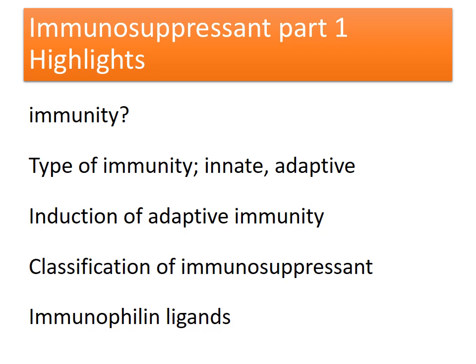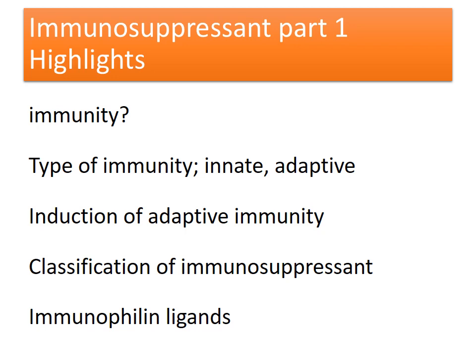So up to this point we have discussed what immunity is, types of immunity including innate immunity and adaptive immunity, how adaptive immunity is induced, and cellular interaction for the induction of cell mediated and humoral immunity.